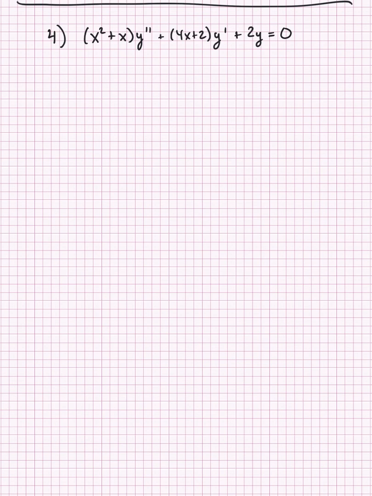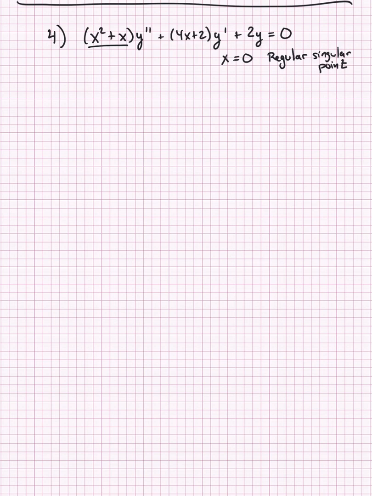Again, you can check that x equals 0 is a regular singular point. This is just x times (x plus 1), so dividing by that, both (4x plus 2) divided by (x plus 1) and 2 divided by (x plus 1) are analytic at x equals 0.